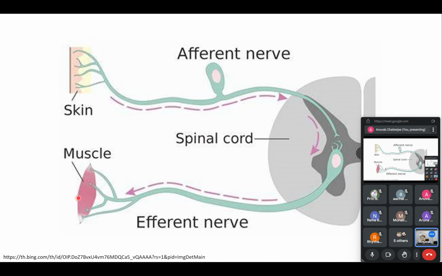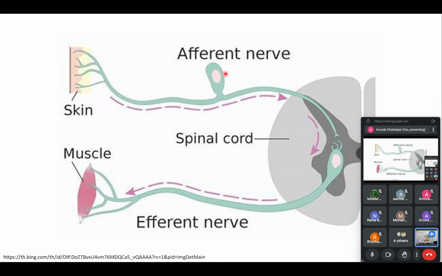Okay, so this is a simplified image of a stretch reflex arc that we had seen a couple of weeks back. In the case of a stretch reflex arc, we have two different types of nerves that go through the spinal cord.